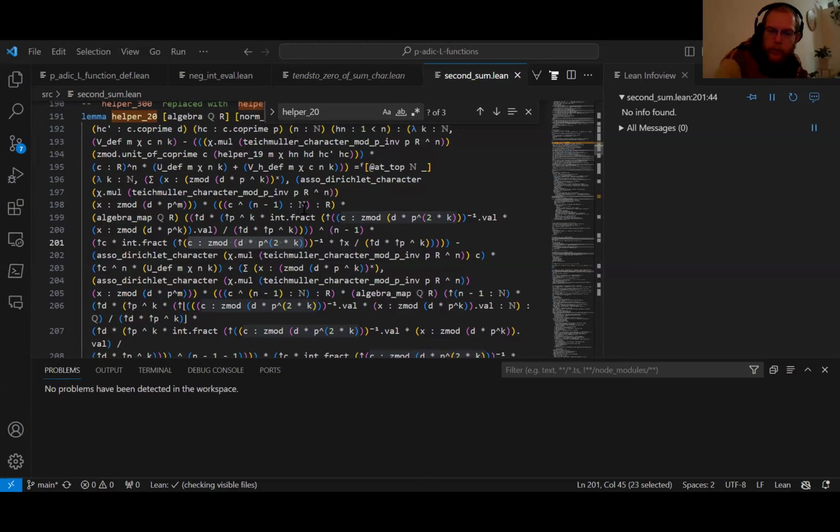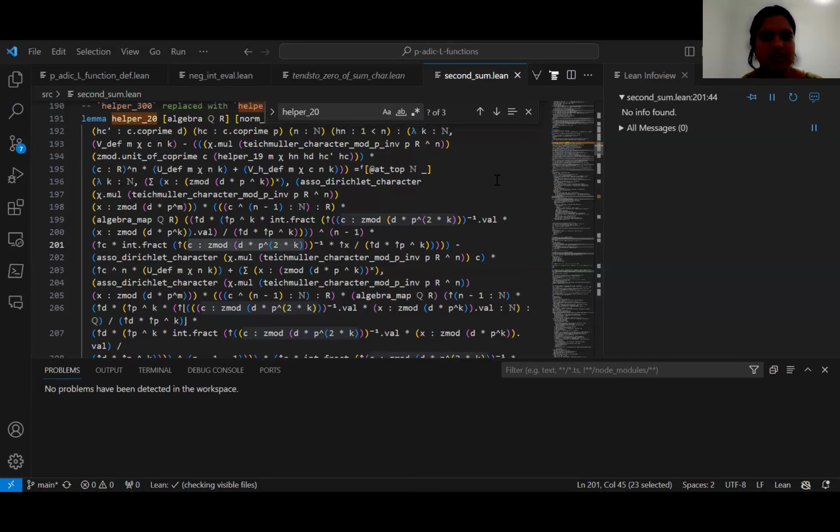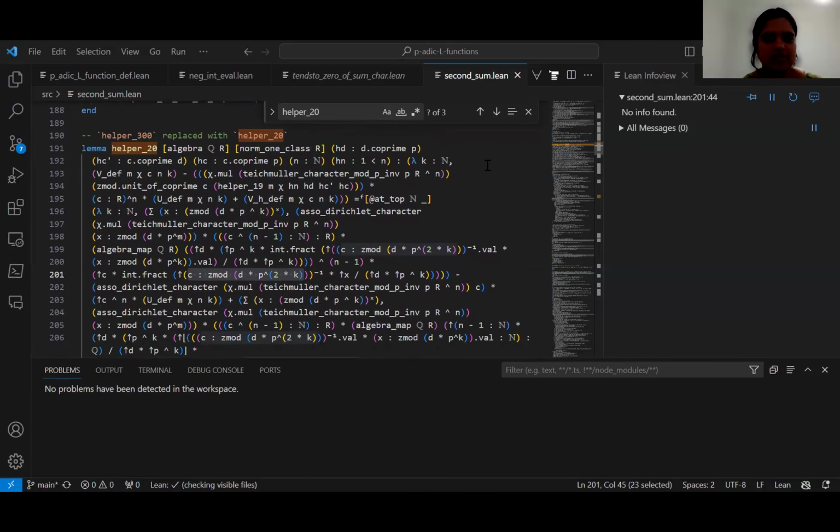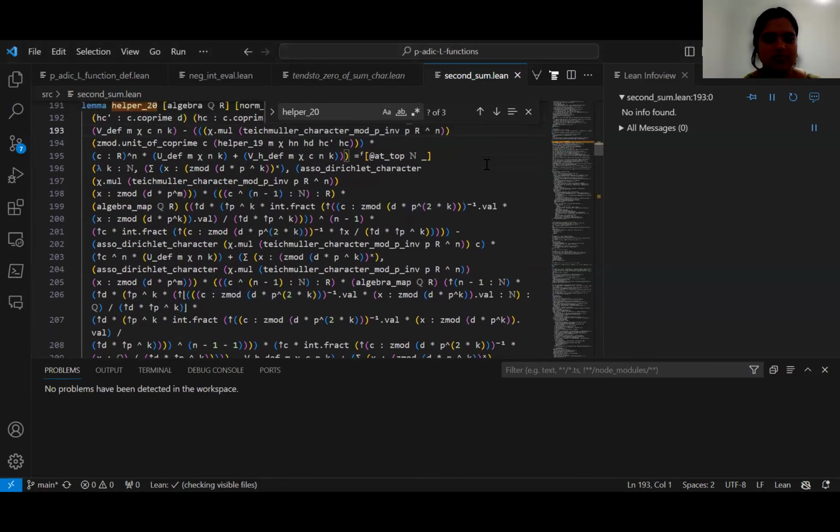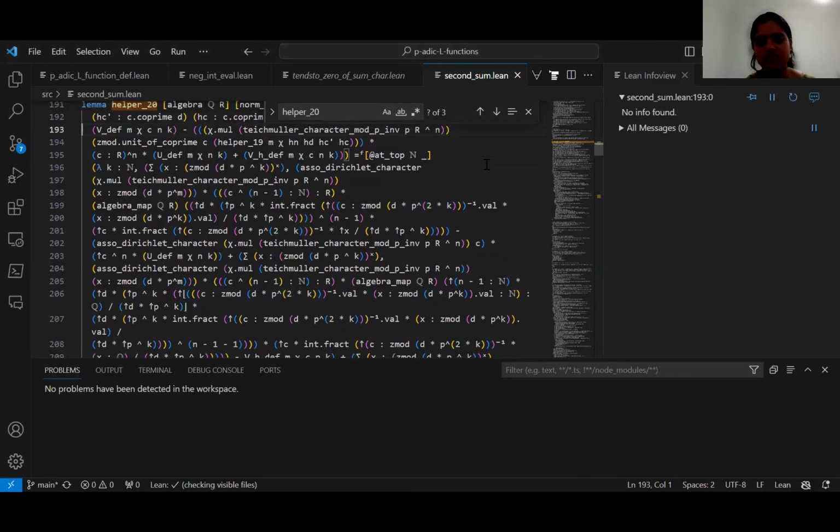Or do you feel like it's actually the same or maybe getting worse? It's hard to say. I guess it's a mixed bag. In some cases, it did get more readable, but I don't actually have much hope for statements like these because you can keep repeatedly using abbreviations, but in the end, when you unfold them, you're still going to end up with this big, huge thing, which is going to be tough to deal with.